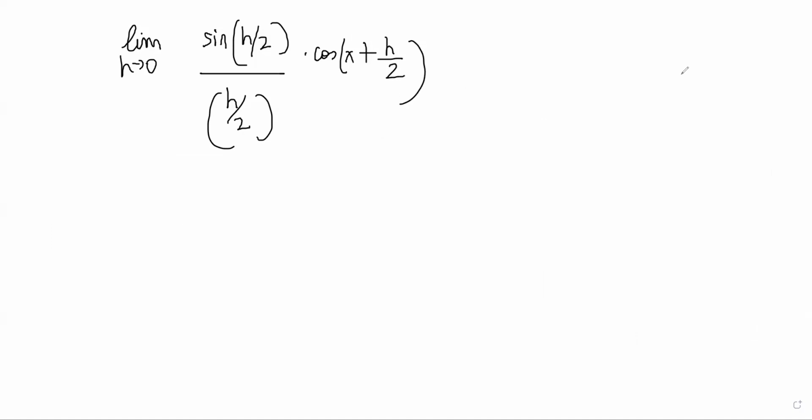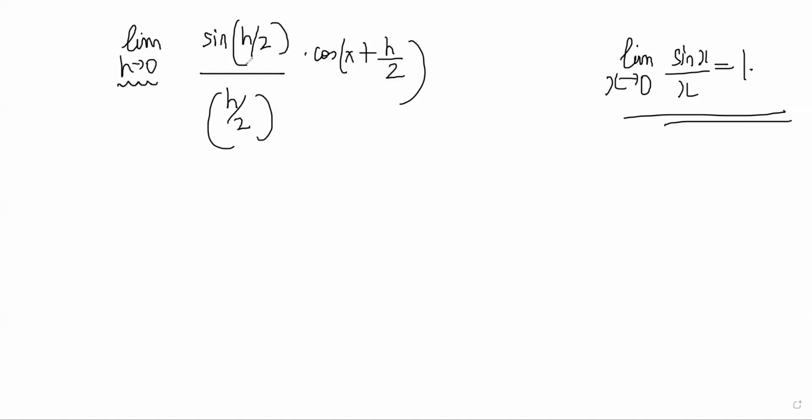And remember the limit that we had derived, that x tends to 0, sin x by x is equal to 1, right? So notice here that h is tending to 0. So obviously h by 2 is also tending to 0. And if h by 2 is tending to 0, then in the denominator also it is tending to 0. Notice that both the angles here and here are identical. It's not like here this was h by 2 and here it is 3h by 2.